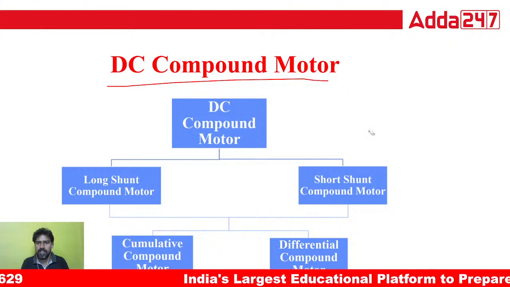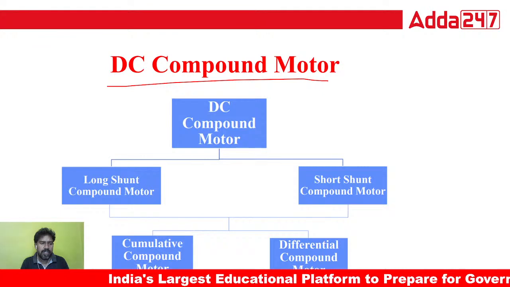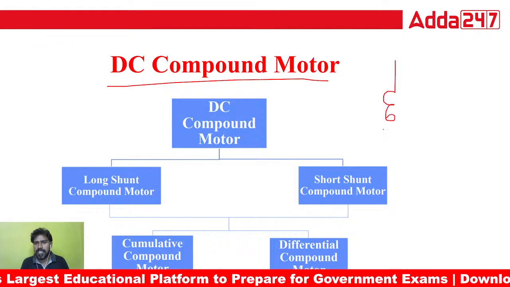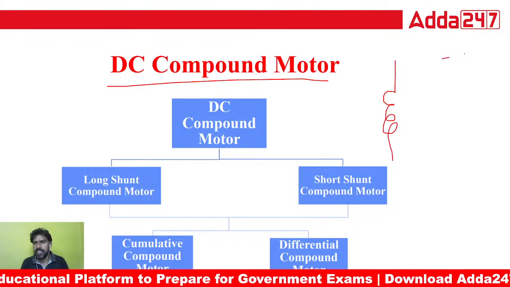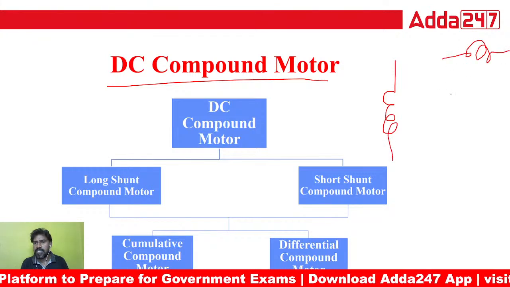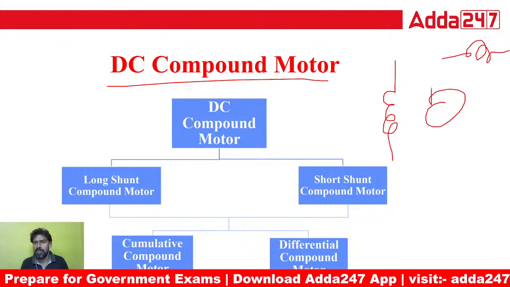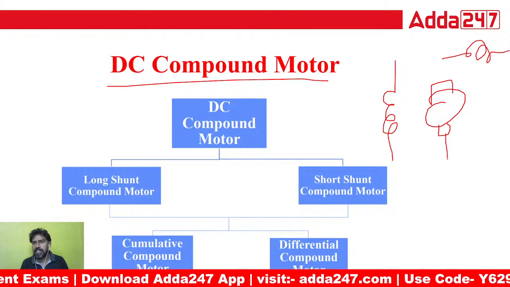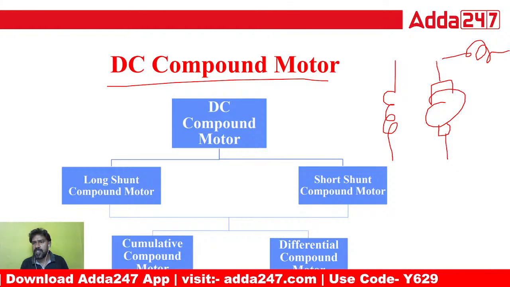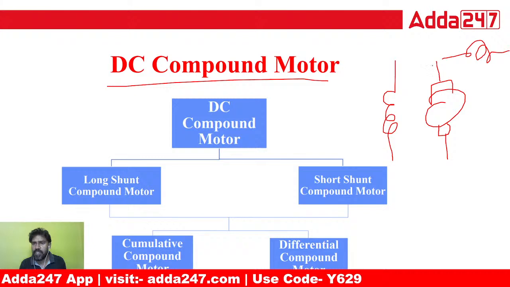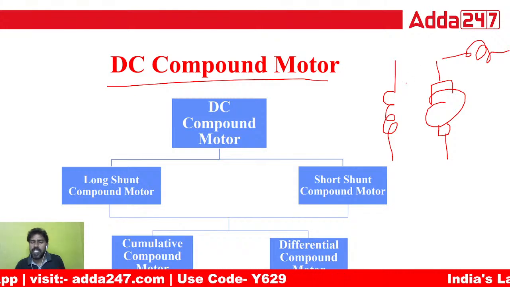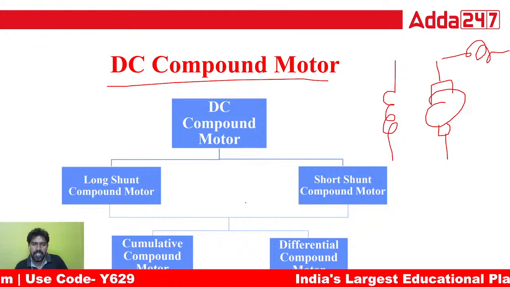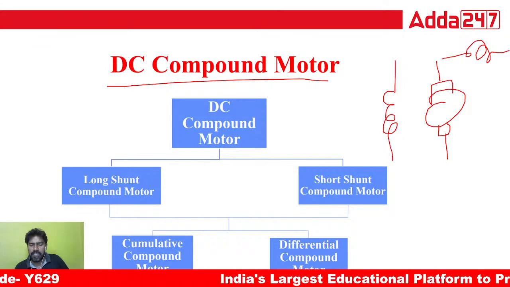This is the armature, this is the series winding and the shunt winding. Based on this connection we can classify long shunt, short shunt, and cumulative and differential compound motors.